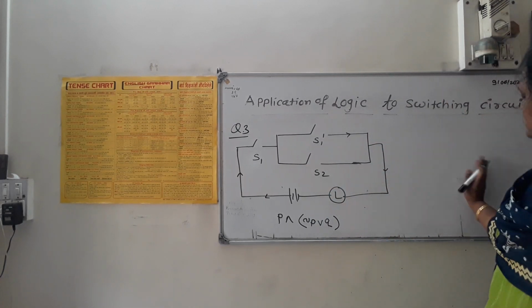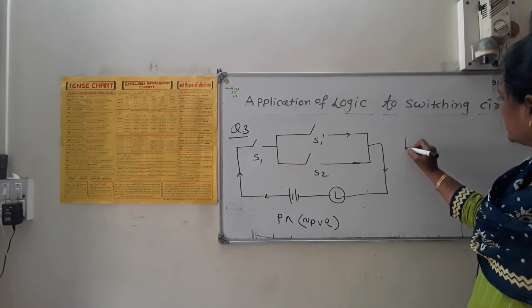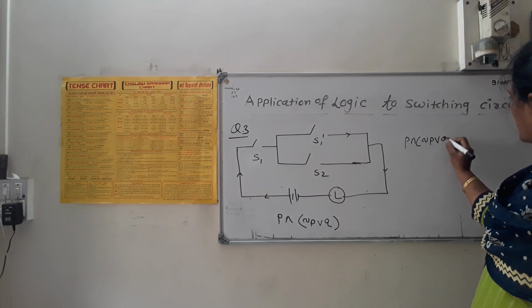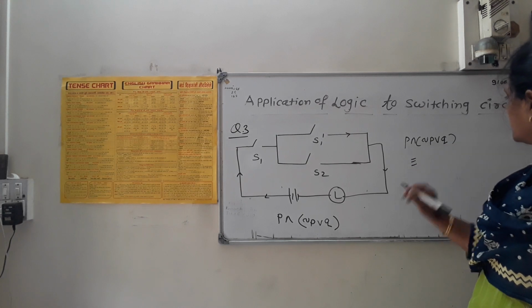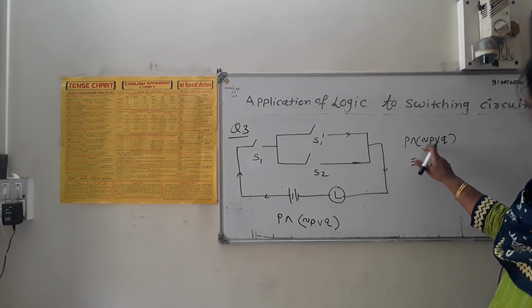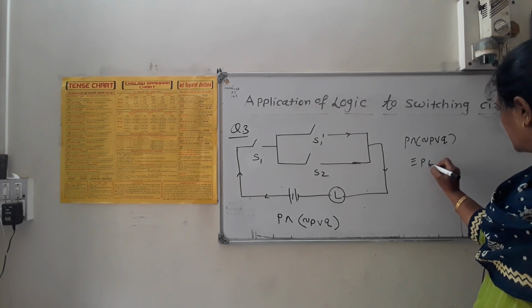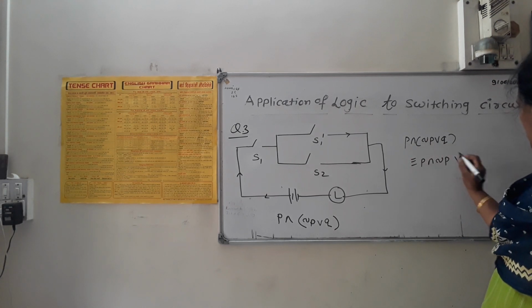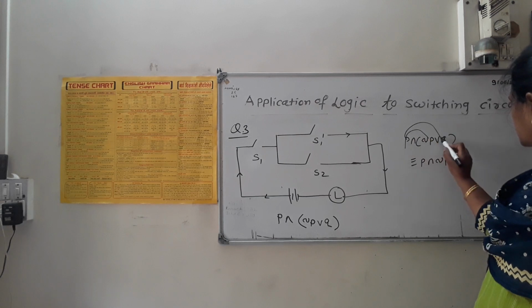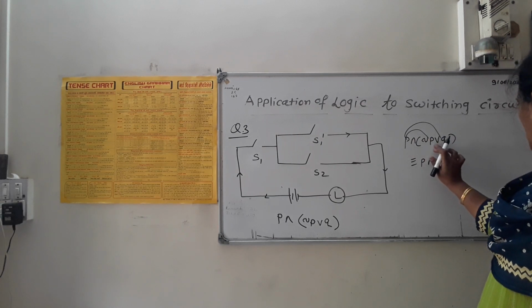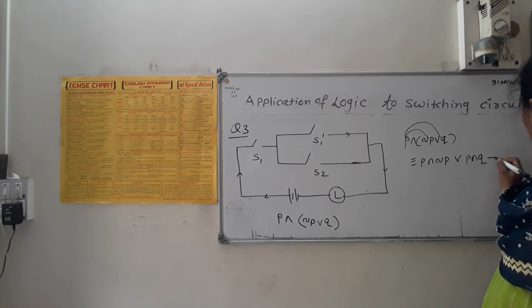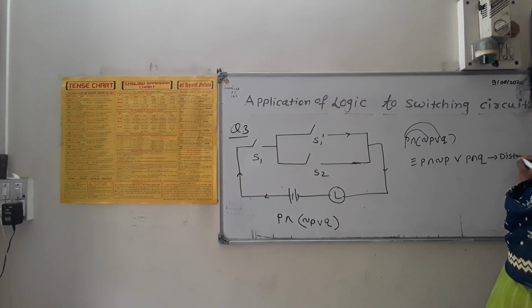Here P and negation P or Q is equivalent to P and negation P, or P and Q, multiplying this into this, that is distributive law.